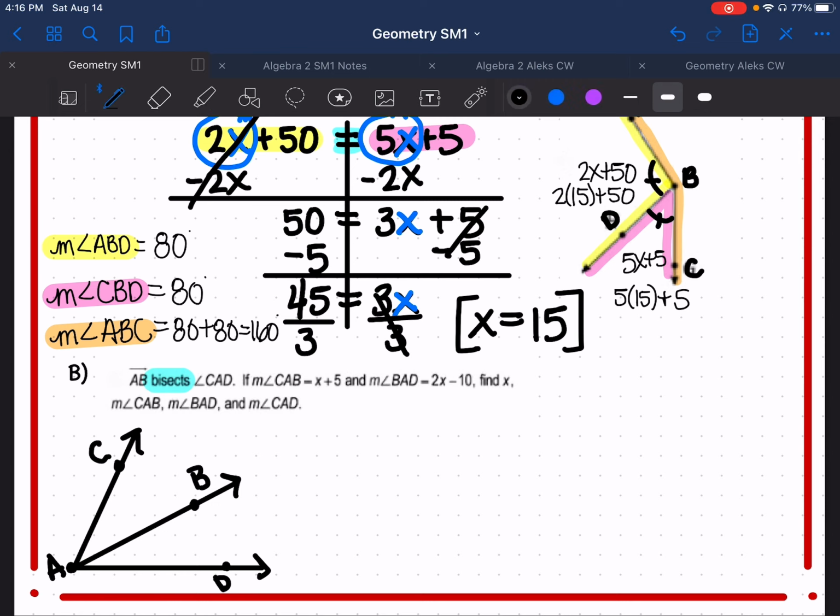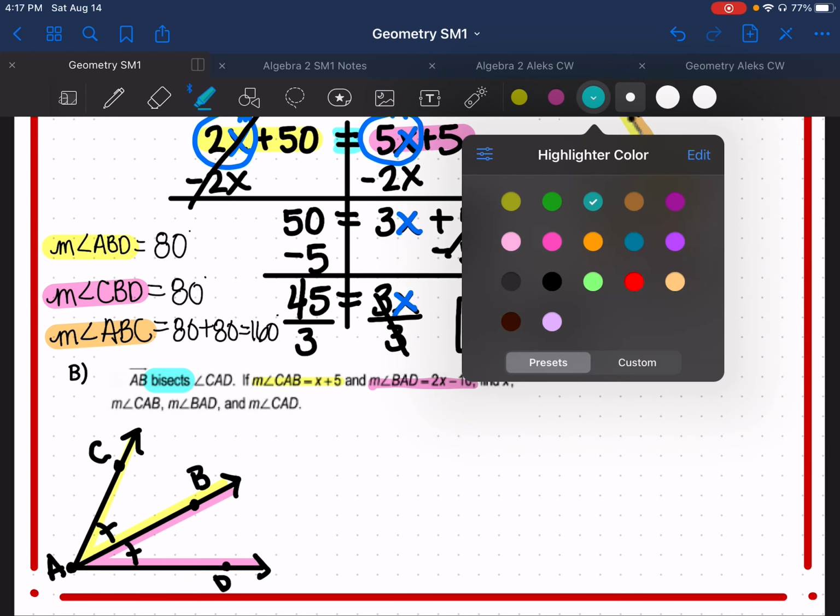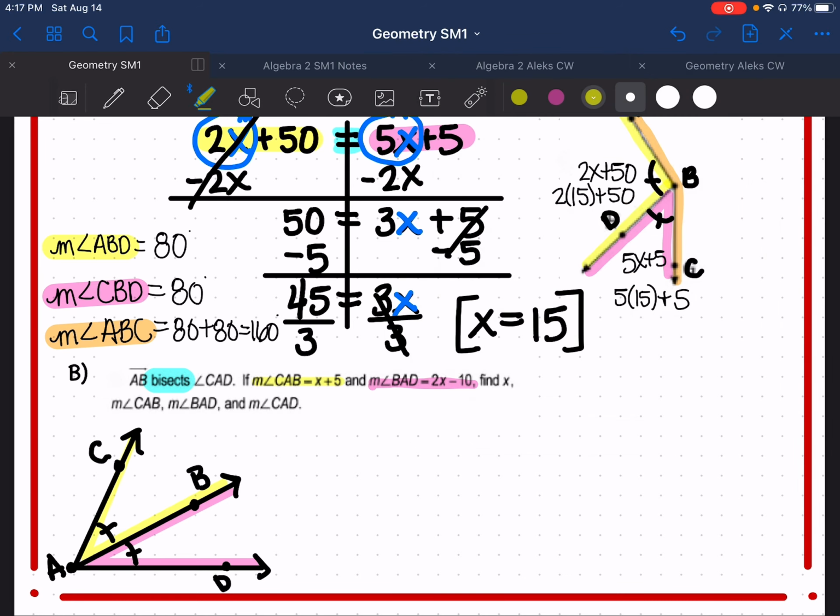So that means that this angle here, CAB or BAC, is the same as this angle right here, BAD or DAB. We know these two angles are the same because of that word bisects. We also know that the yellow angle plus the pink angle equal angle CAD. All right, that's all that we know.